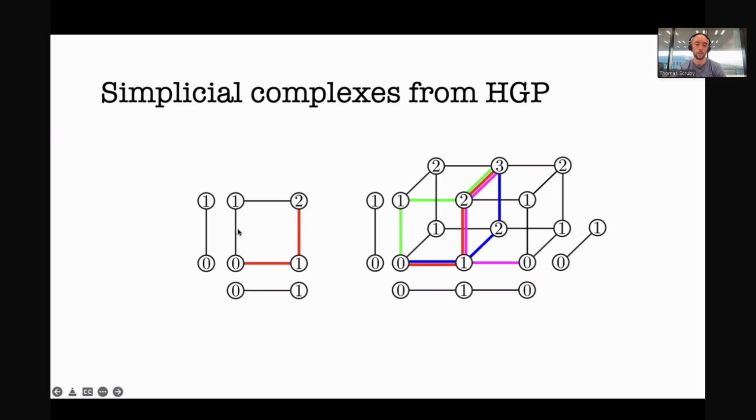Then there's another 2 simplex that's like this path. If you go to 3 dimensions, then there's 0, 1, 2, 3, and all the other ways to go 0, 1, 2, 3, and those are all unique 3 simplices. And this is equivalent to just subdividing your chain complex into a D-dimensional simplicial complex, if you prefer to think of it this way.